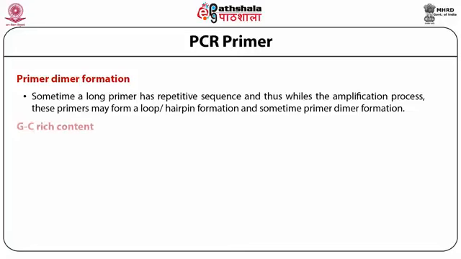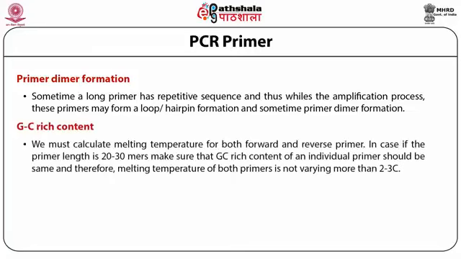Next, come to the GC content. We must calculate the melting temperature of both the primers, that is the forward and reverse primers, and in case of a primer length of approximately 20 to 30 mer, make sure that in both the flanking regions, that is at the 5' end and the 3' end, there is a G-C sequence so that it can easily anneal due to the 3 hydrogen bonds.